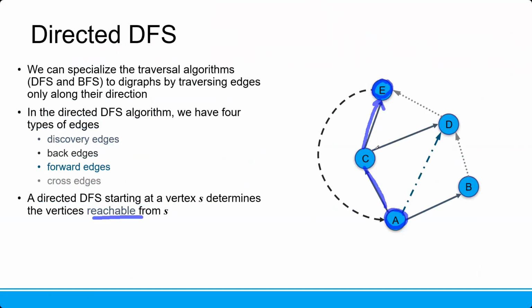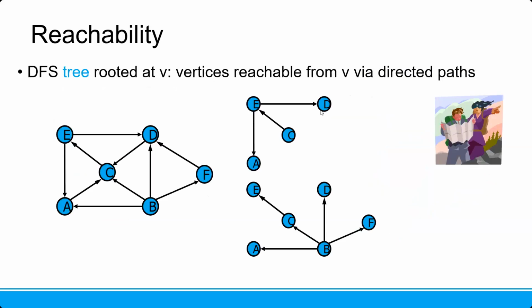So we need to find what is the possible path so it can be reached from S, which is A, to E. Or for example, I want to go from B to E. Then it means I need to find the way from B to E, or we need to find all the vertices which are reachable from S. So the idea is we need to find the reachability.